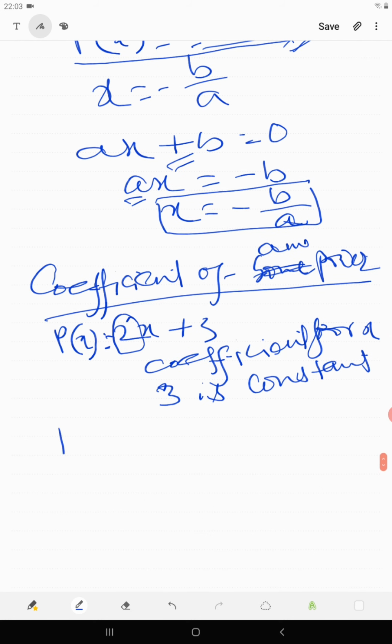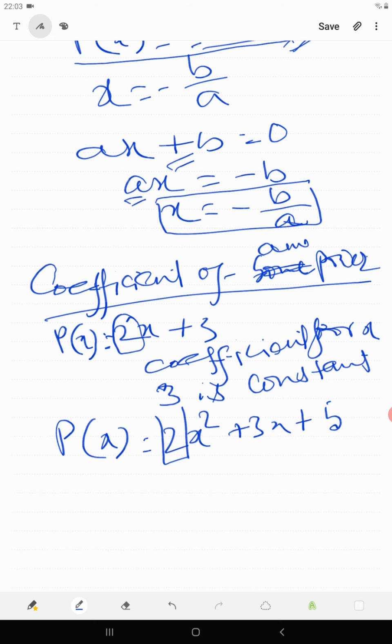Similarly, if I write a quadratic equation, p(x) equals 2x square plus 3x plus 5, and I am asked the coefficient of x square, or the coefficient of the highest degree of x, in both cases the answer is 2. 2 is the coefficient of x square, 3 is the coefficient of x. The coefficient is the number that is getting multiplied with it. It can be 1, 2, 3, and so on up to infinity.